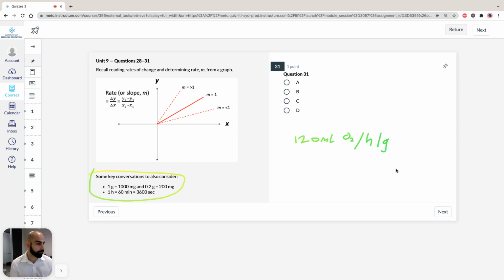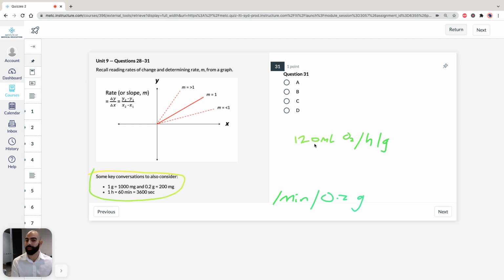So we have to find out what it is per minute per 0.2 grams. Let's start with the easy one: 120 in 0.2 grams. At 10 degrees, we've got 120 mL of oxygen per hour per gram. We want 0.2 grams, which is a fifth.